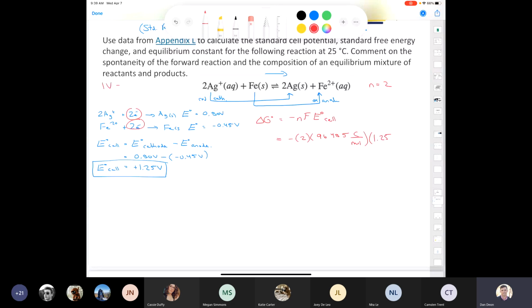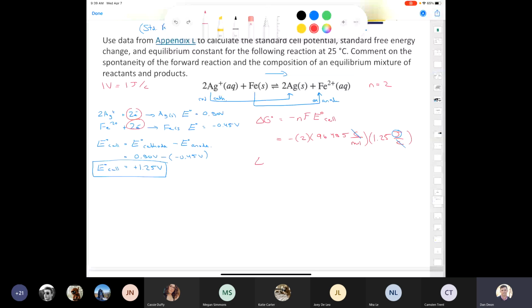Remember that 1 volt is equal to 1 joule per coulomb. So we can put that in here, joules per coulomb. Let's see what cancels. We have coulombs canceling, and we're ending up with joules per mole. That's good because delta G is usually listed in kilojoules per mole.